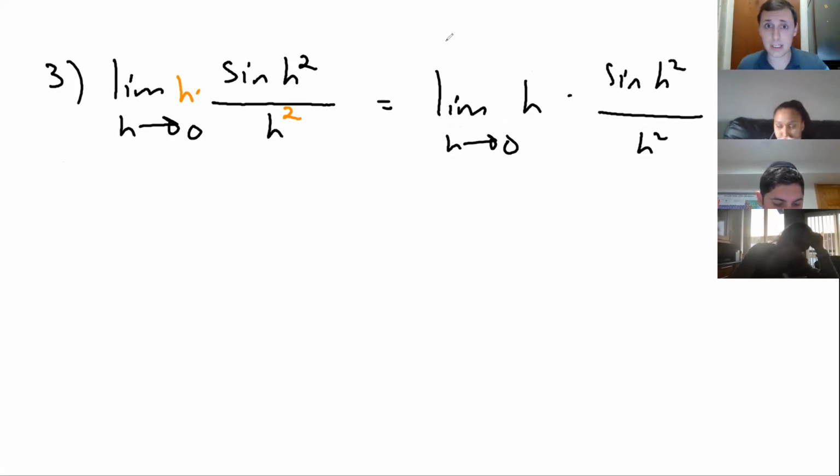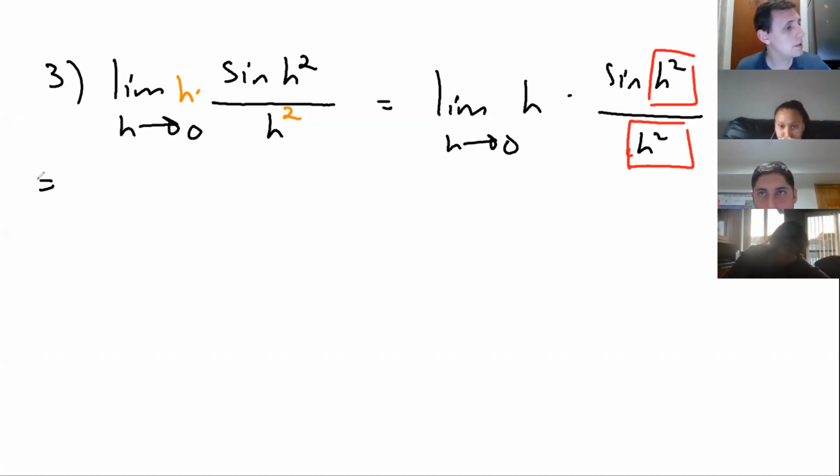Do you see that, guys? My goal was to, of course, have the thing dividing sine to be the same angle, same quantity. So what do we have now? Now the answer is, h goes to 0, so it's 0 multiplied by 1, and the answer is 0.